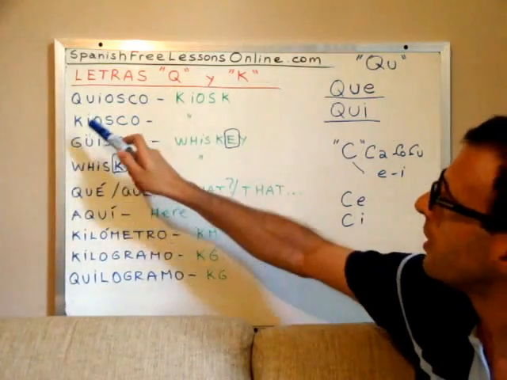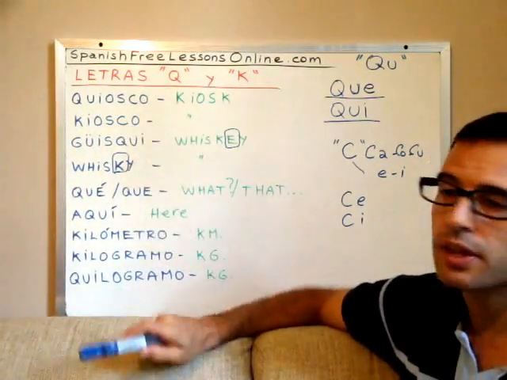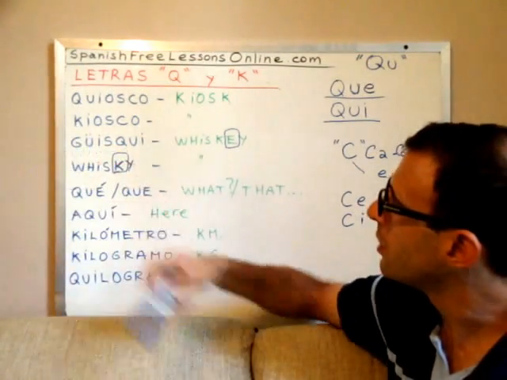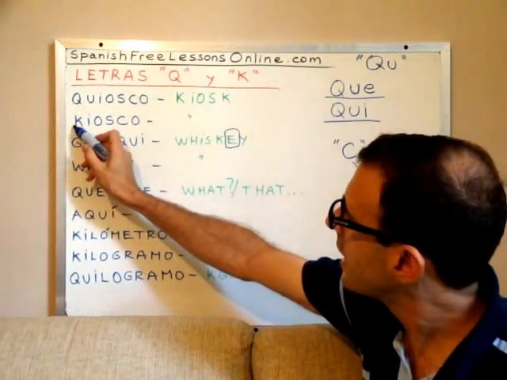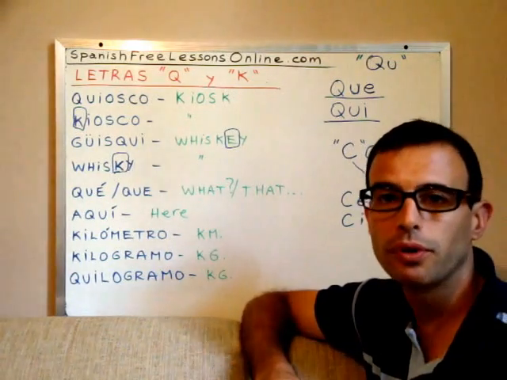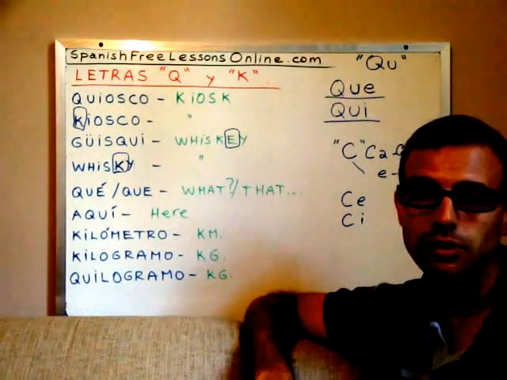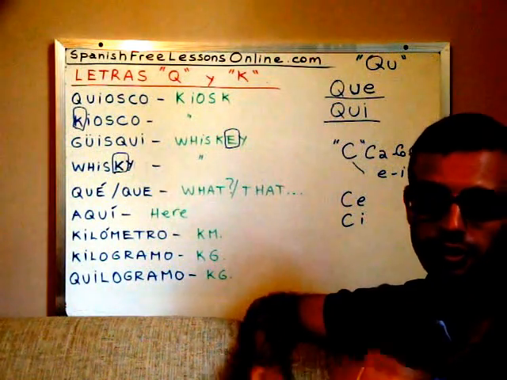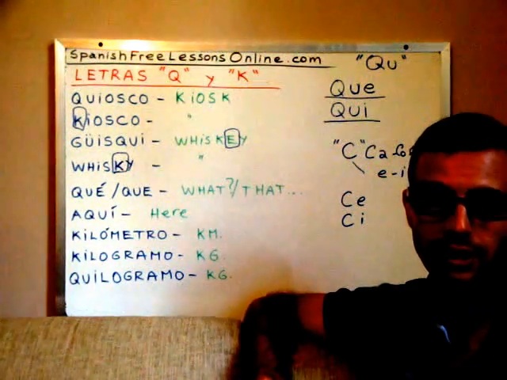However, also kiosco. Kiosco comes from kiosk, another English word. So it kept the K, indicating that it's a foreign word that has been accepted by the Real Academia Española, the Spanish scholars.